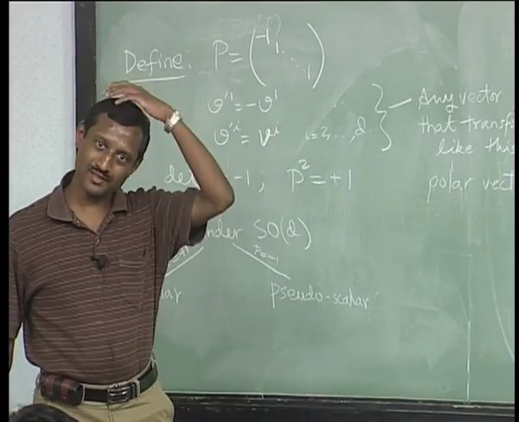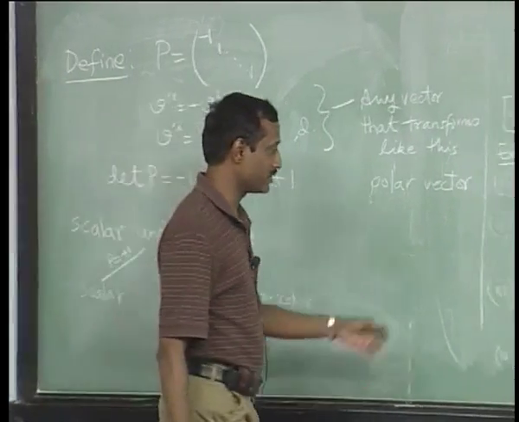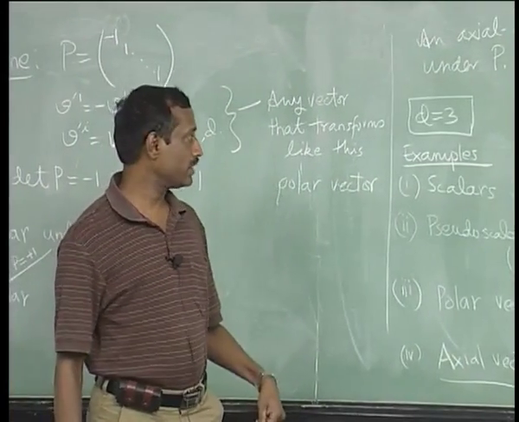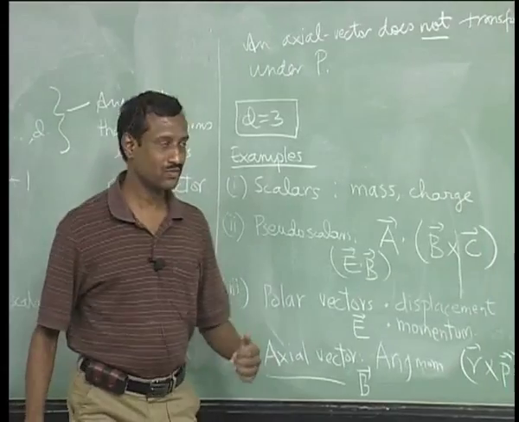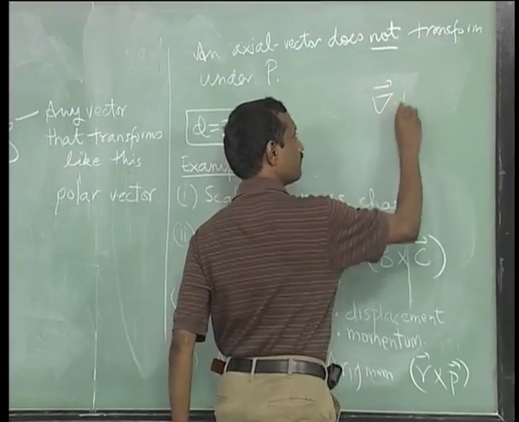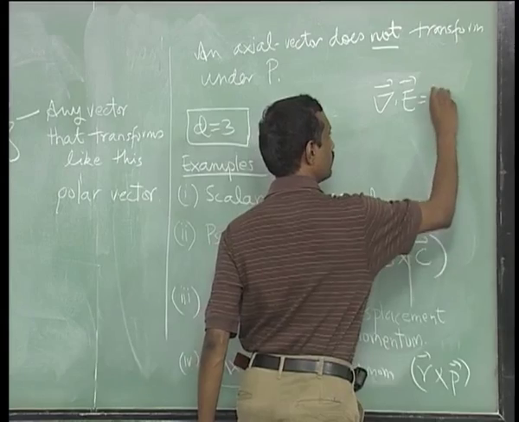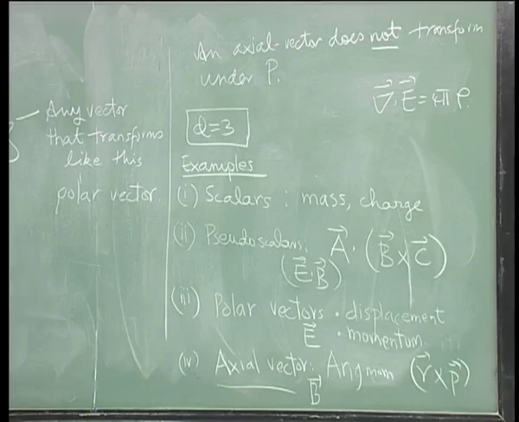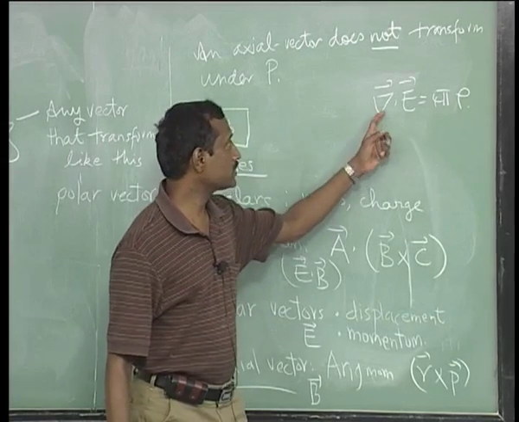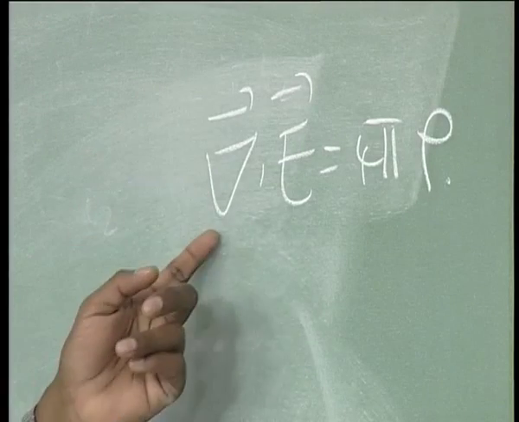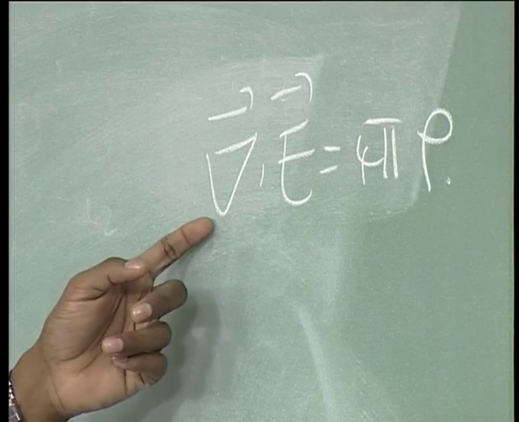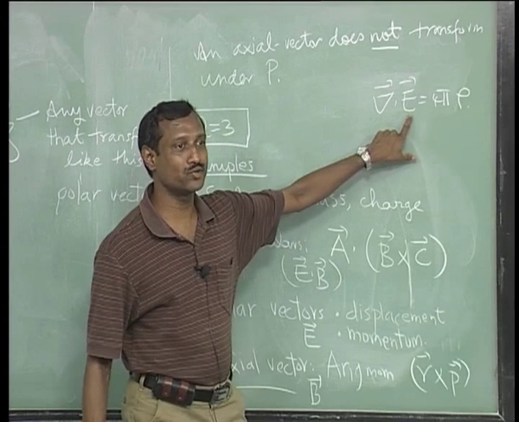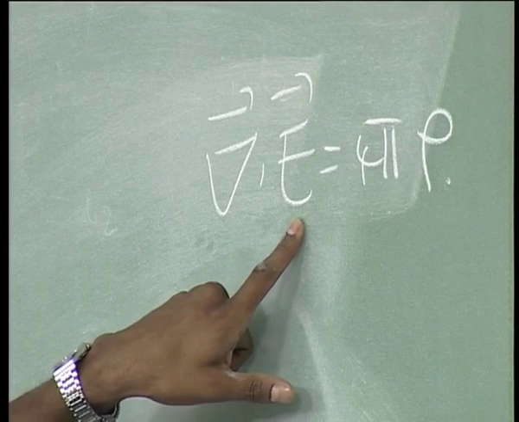Okay, so the way it is done is, let us talk of the electric field and the magnetic field. You start with Maxwell's equations, and the first thing we saw was that charge was a scalar. So, you look at the equation del dot E equal to 4 pi rho. So, the right hand side is a scalar, not a pseudo scalar, and you can convince yourself the del operator is a polar vector. So now it forces E to be a polar vector.